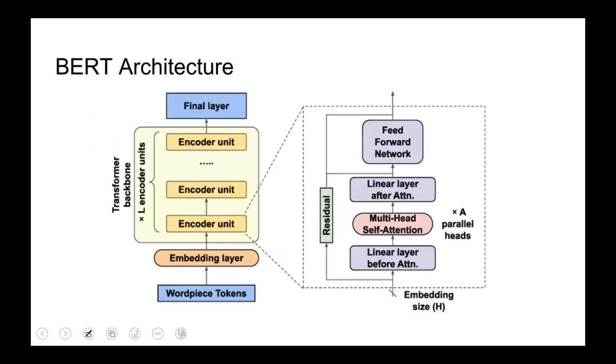And when we are doing a GloVe model, the context is also taken into picture. And we have the different encoder units. Every encoder unit will have a linear layer before attention, then a multi-head self attention, a linear layer after the attention, and a feed forward neural network. And since we are talking about the transformer model, it is parallel.